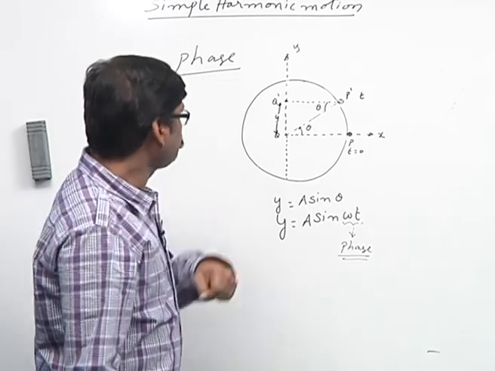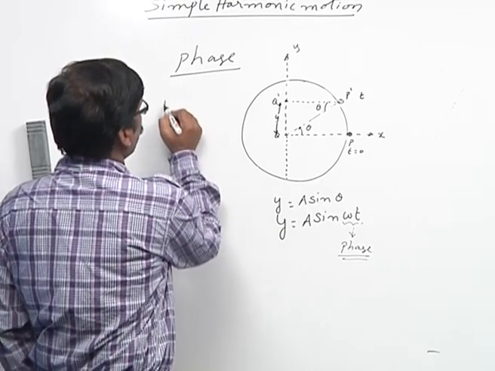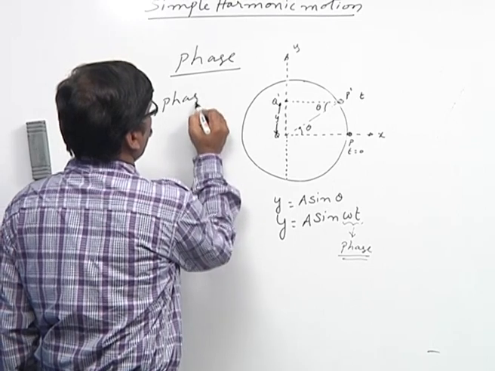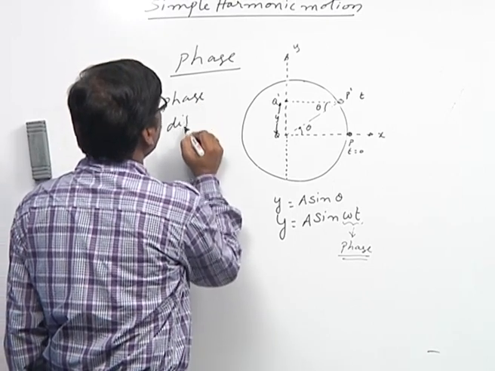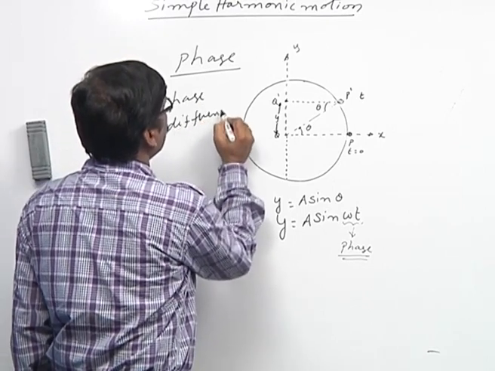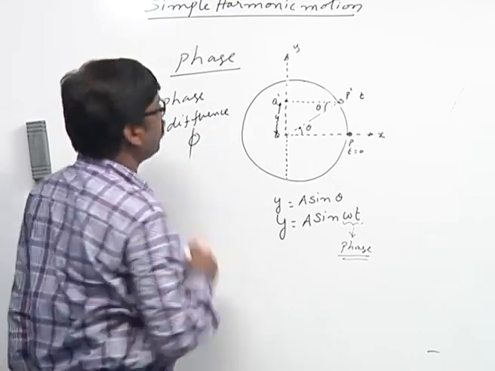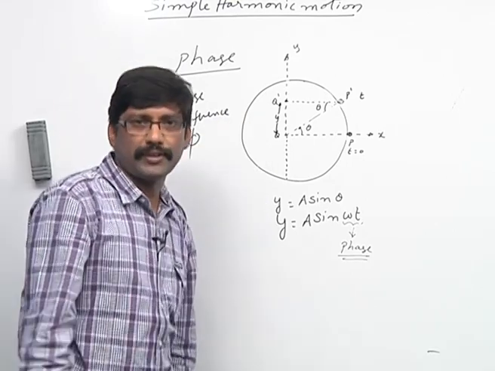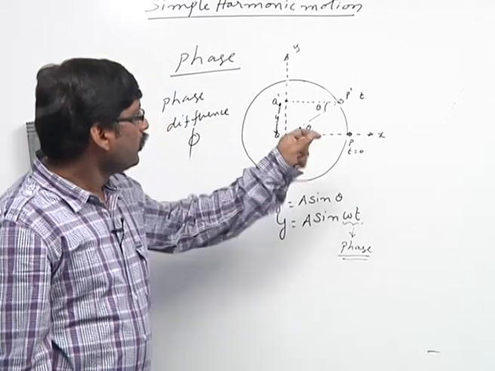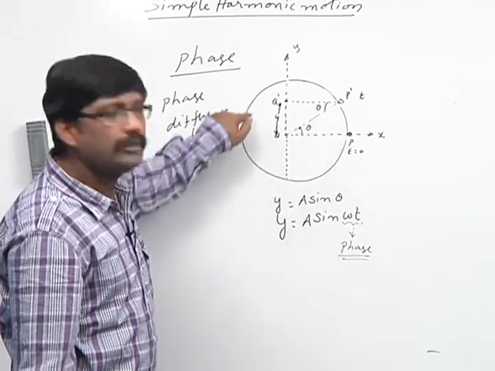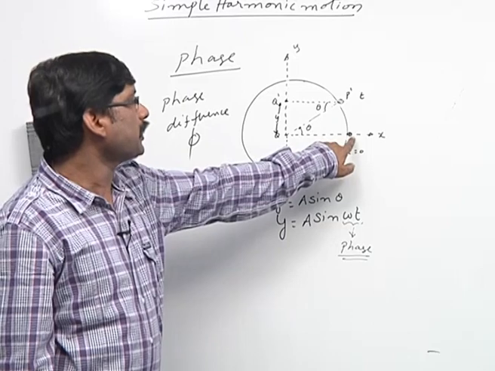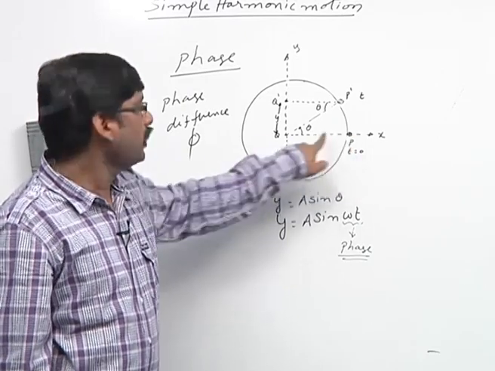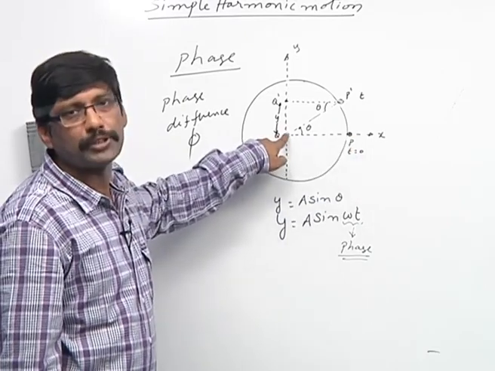Sometimes you have to use phase difference, usually denoted by phi. What is phase difference? In this reference circle, we are assuming that the particle P starts at this position, so that its projection starts from the mean position.